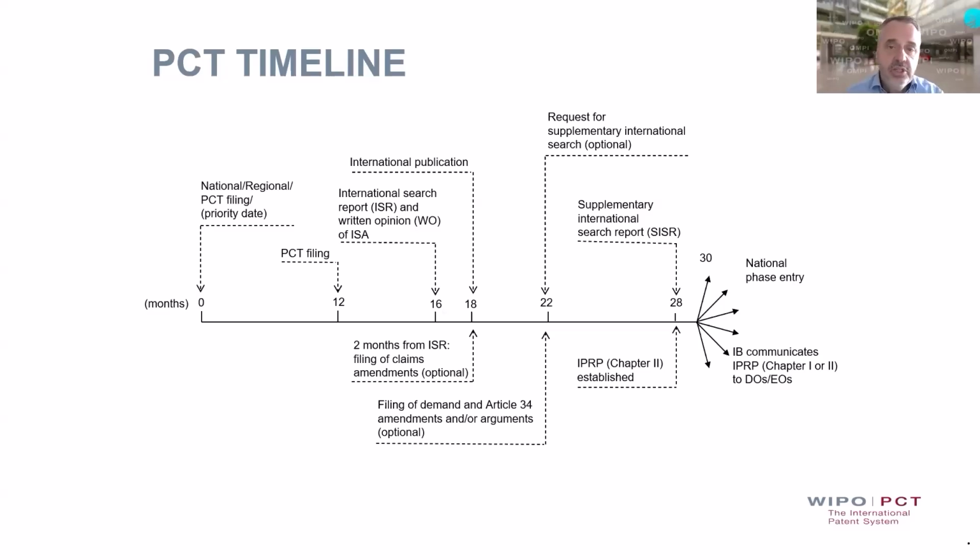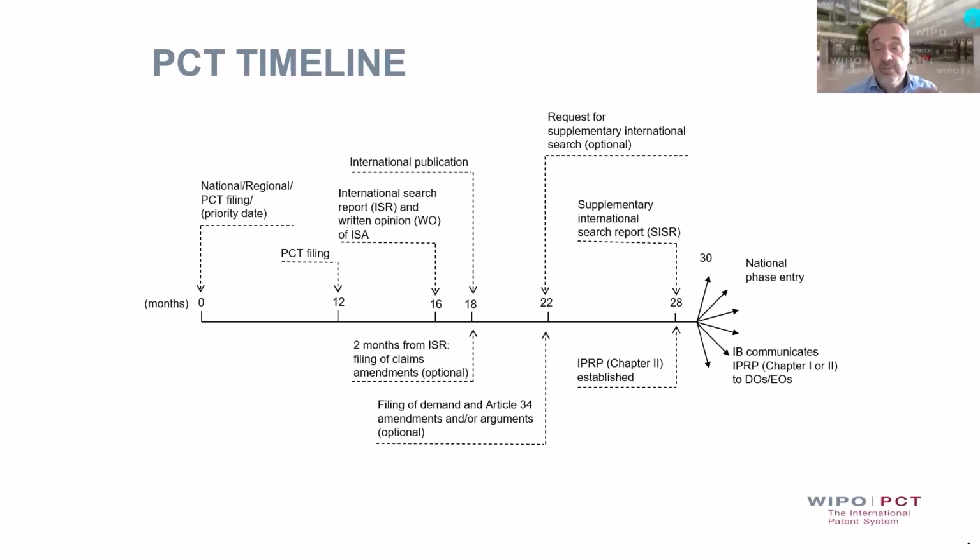The second optional procedure is called supplementary international search, which will lead to a supplementary international search report. That is basically an opportunity on the same application to get a second search report done by a different searching authority.